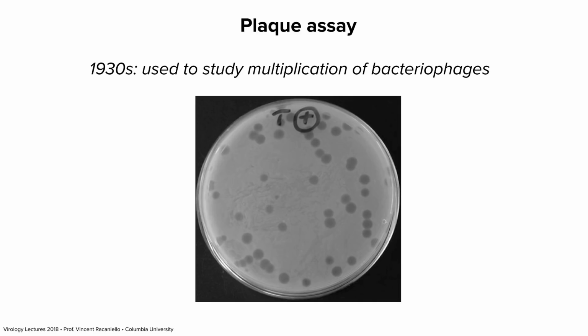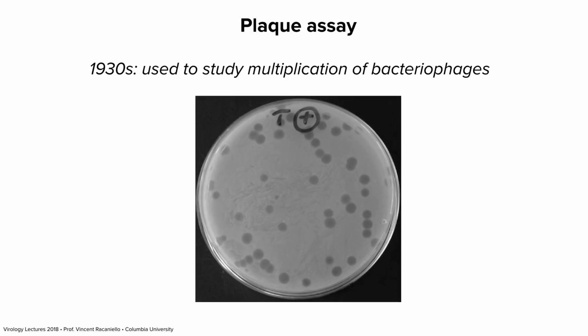You mix virus and bacteria and you plate it out on an agar plate. The bacteria grow, that's the cloudy background. And then wherever a virus is killing the bacteria, you have a clear zone. And that zone of killing arose from one virus particle. So you can count the number of plaques and you can get an estimation of the number of viruses in a sample. We call this plaque-forming units per milliliter.